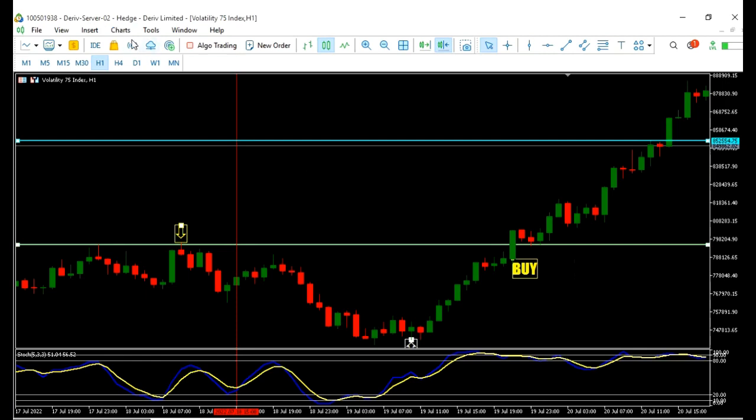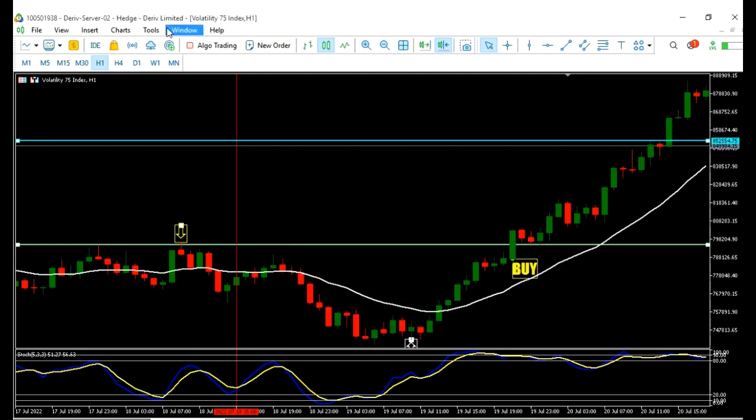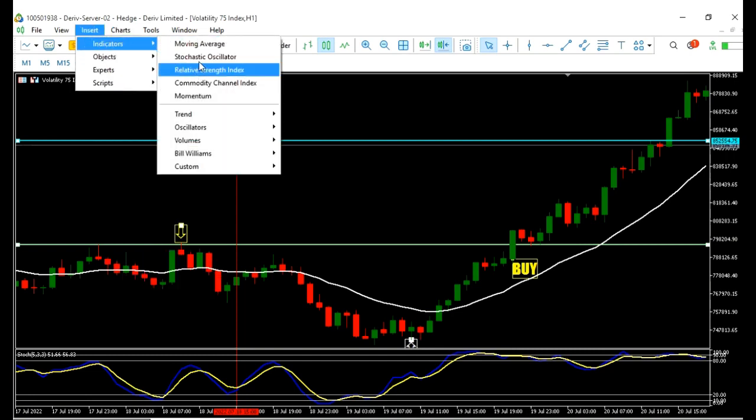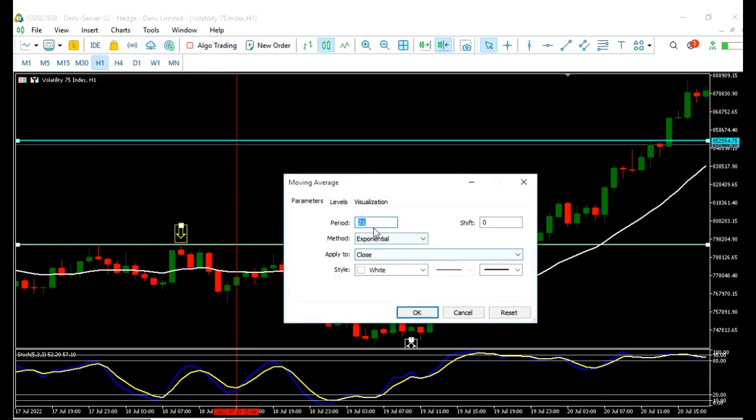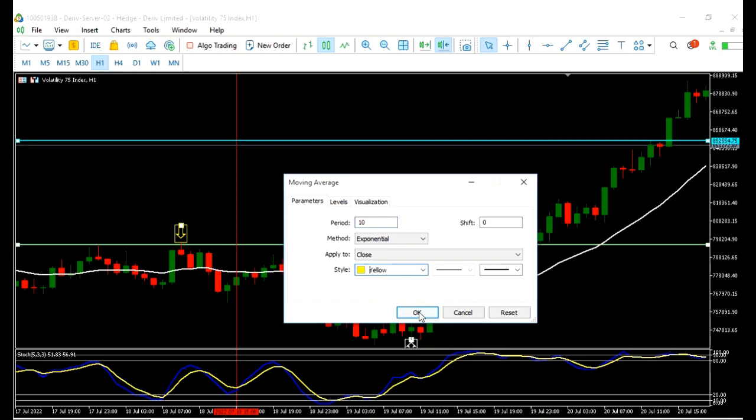So when you now add your indicators, which is your 21 moving average, and you also add your 10 moving average, I change the color, I put yellow.